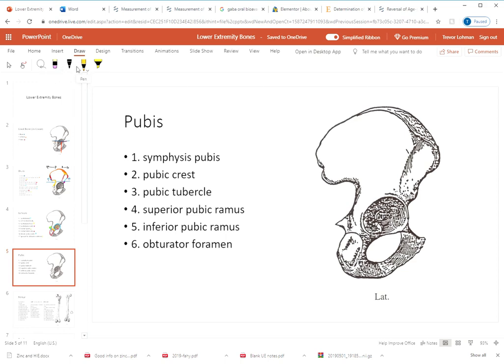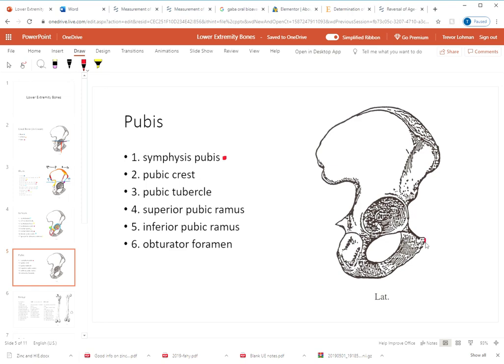A few of these we'll have to see on our 3D model, but we can do our best to label. This first one, for example, symphysis pubis or pubic symphysis. There is a point of articulation between the left and right coxal bones, and that is in the front here at your pubic symphysis. It would be facing exactly away from us, so we wouldn't be able to see it.